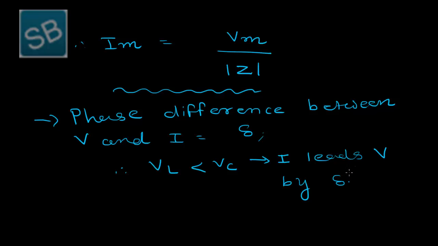But how to find the value of this phase difference? We have the slope formula, that means tan delta is the vertical arm upon the horizontal arm. The vertical arm is VL minus VC and the horizontal arm is VR, if you recall the graph of the characteristic.